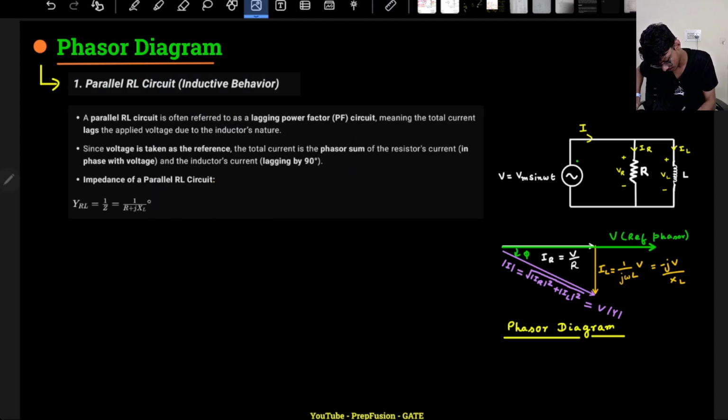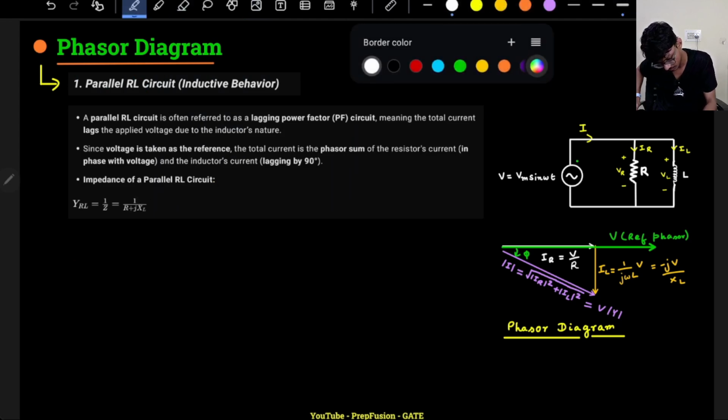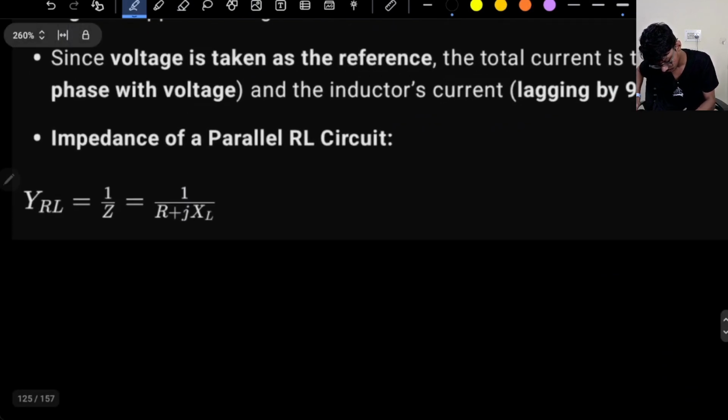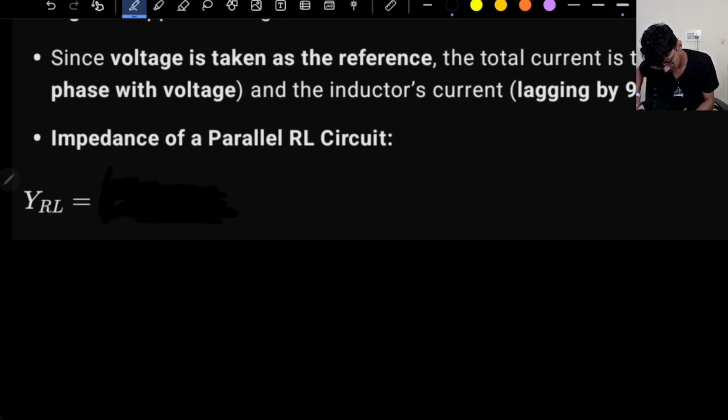So let me remove this portion. So this will be basically 1 by R minus j 1 by XL. That's it.